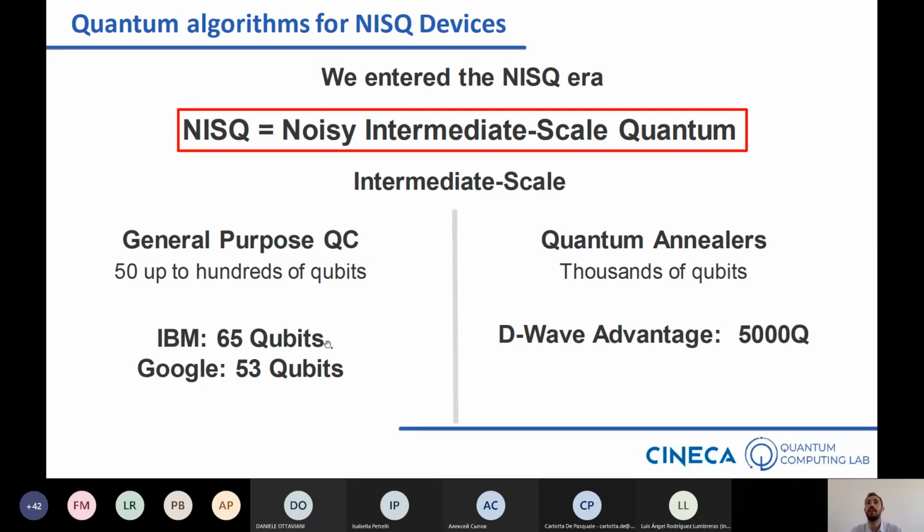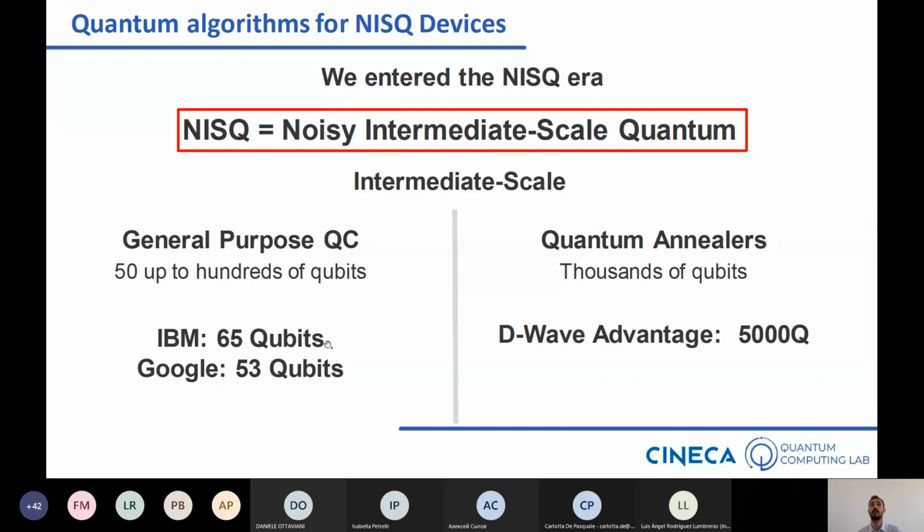So intermediate scale, what does it mean? For general purpose quantum computers, like IBM or Google, we're talking about devices that have 50 up to hundreds and thousands, I mean, up to 1,000 qubits, okay?